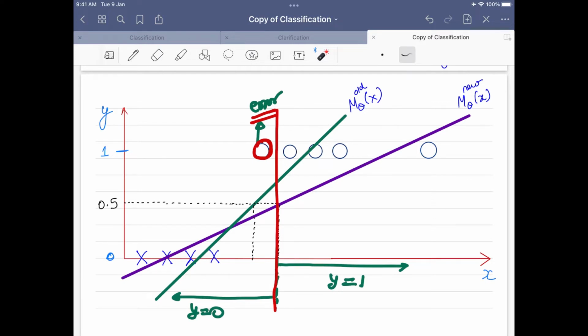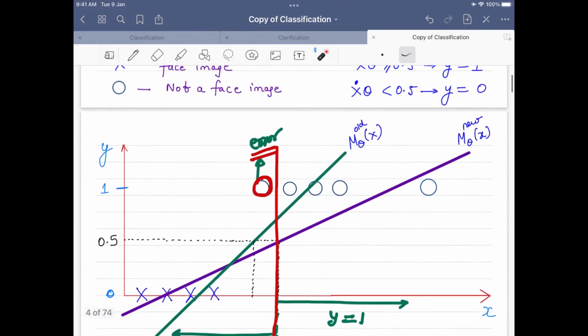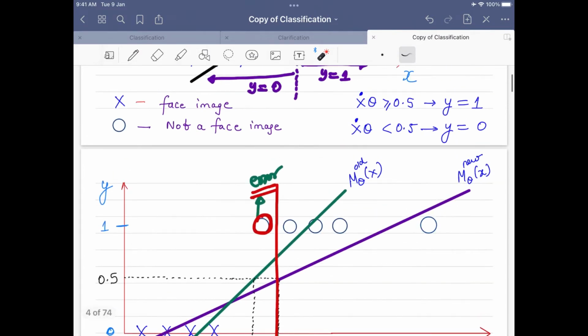If you fit the linear regression first, because of this outlier your line can change, and then when you apply this decision of 0.5 and less than 0.5, this type of problem will happen. So that's why we do not go with this approach of fitting the line first and then passing it through this nonlinear decision boundary.